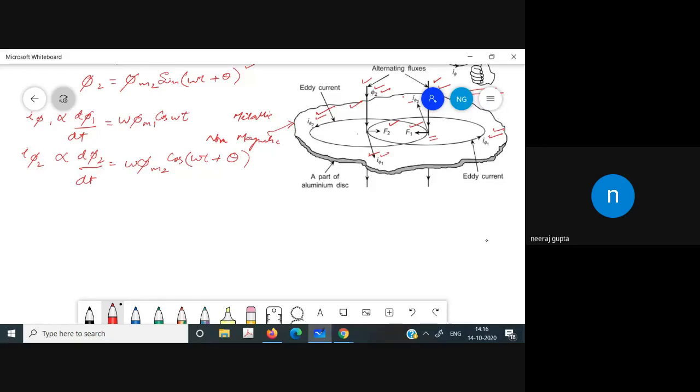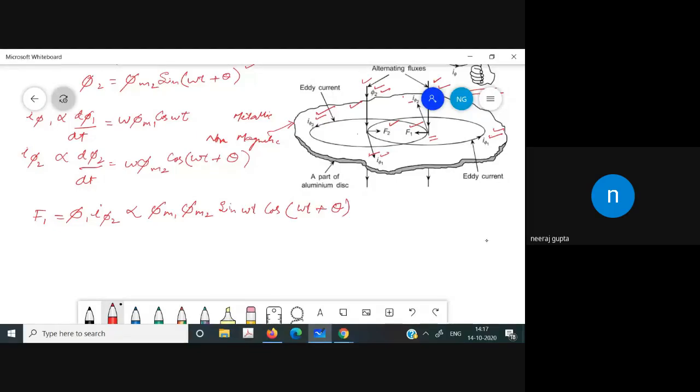Let us assume omega to be constant. Then F1, the interaction of phi1 with I phi2, is proportional to, substituting the values, phi m1 phi m2 sine of omega t cos of omega t plus theta.